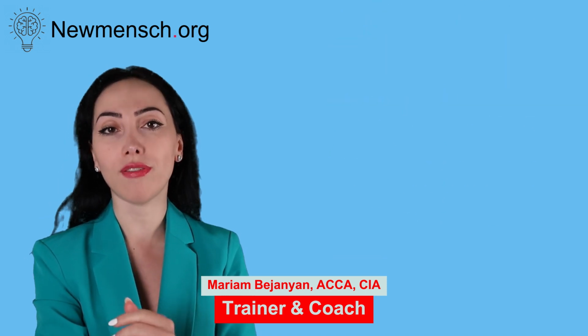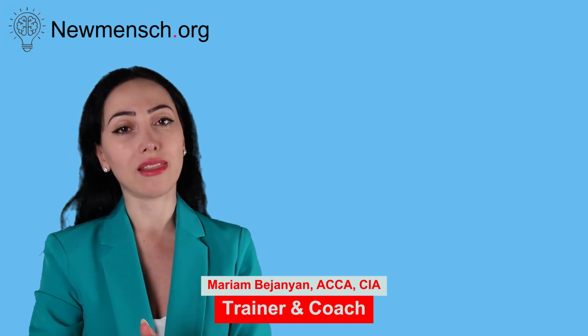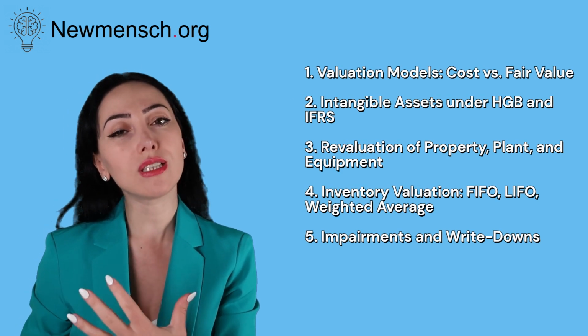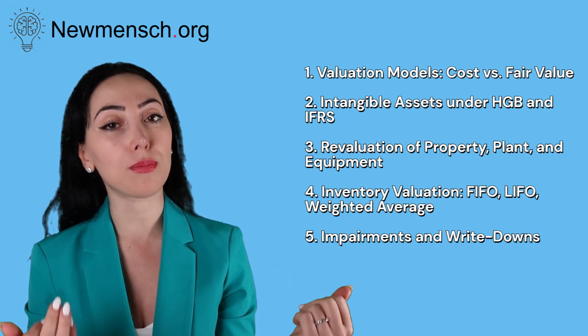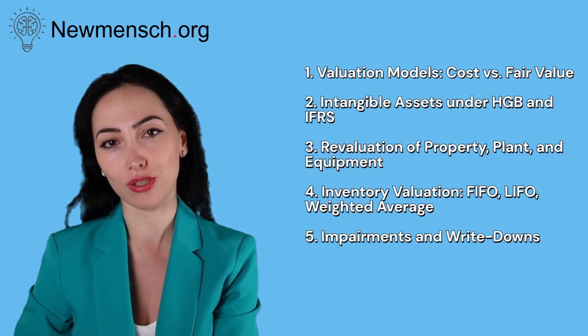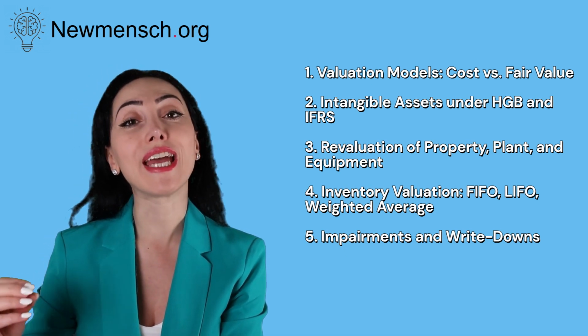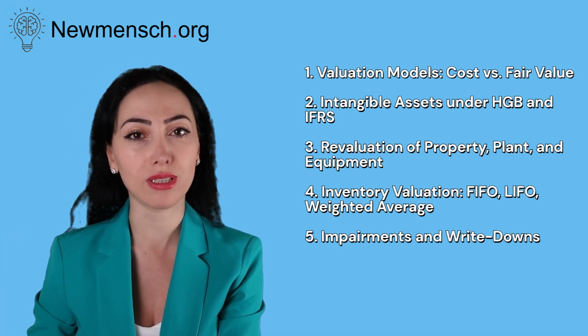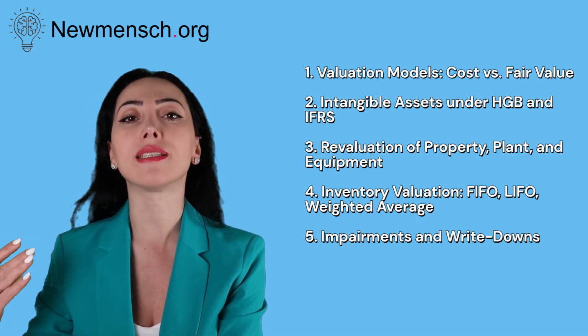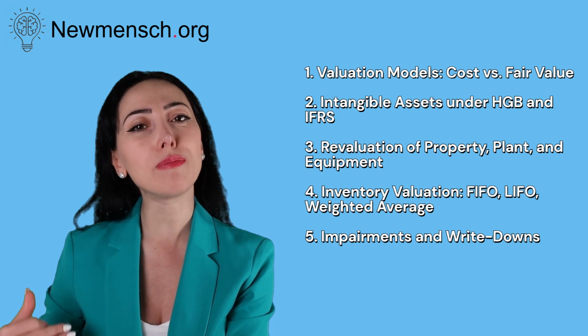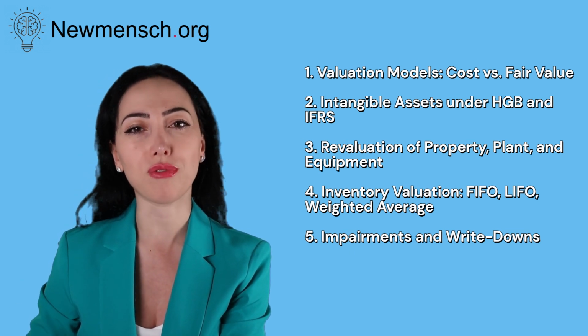What are our 5 objectives for today? The first objective will be to generally see how IFRS and HGB have different approaches to asset valuation. Then we will look at intangible asset valuation and measurement differences. After, property, plant and equipment valuation and measurement differences under both frameworks.